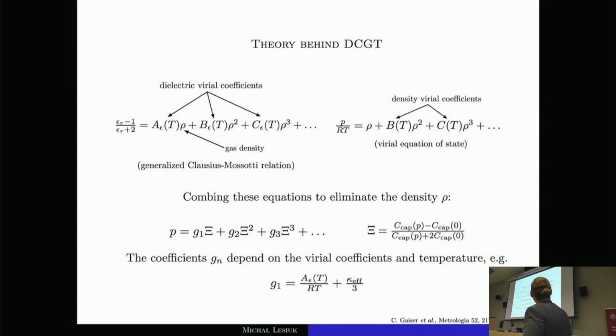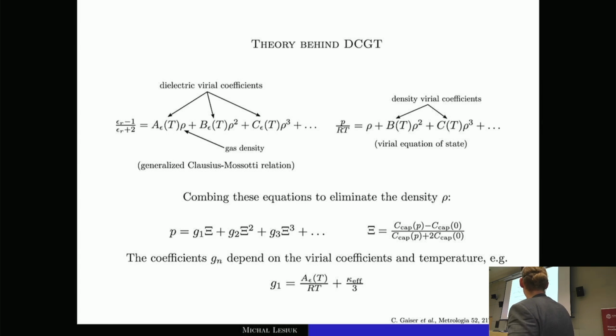So you combine these two equations to eliminate the gas density. What you get when you do that is an equation which is the working equation of this DCGT, which expresses pressure as an infinite sum over this parameter xi, which depends on the measured capacity, and the coefficients g, which include all the rest of the stuff.